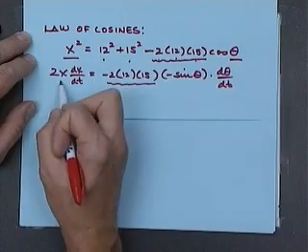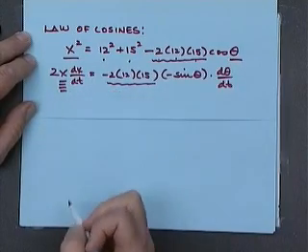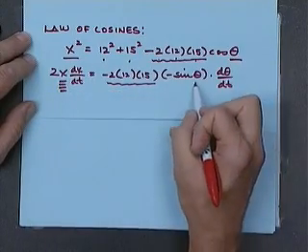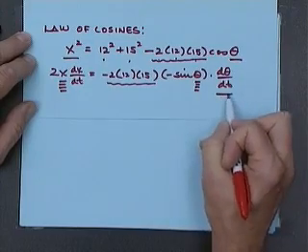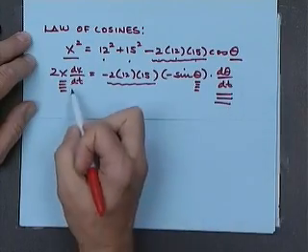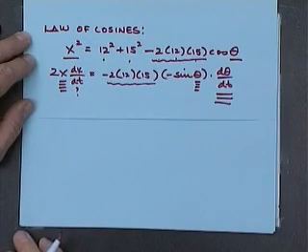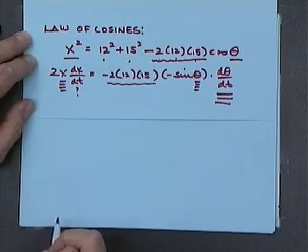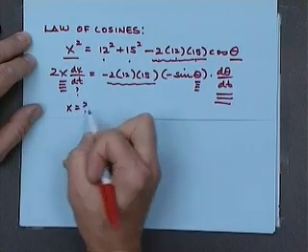So we need to know what is x at this particular instant. We do know what theta is. We do know what d theta over dt is. This is what we're trying to find, so we want to leave that alone. It is variable. So it looks like we need to figure out what x is at this instant.